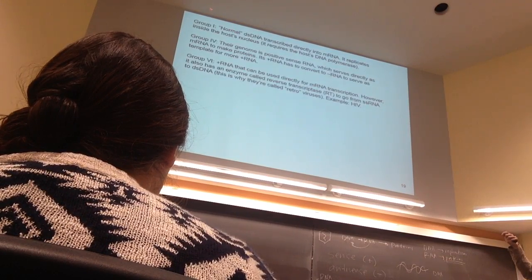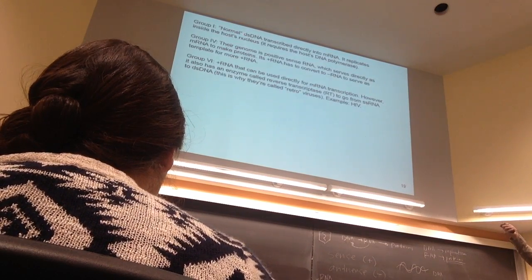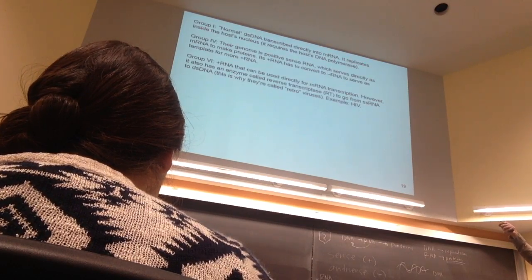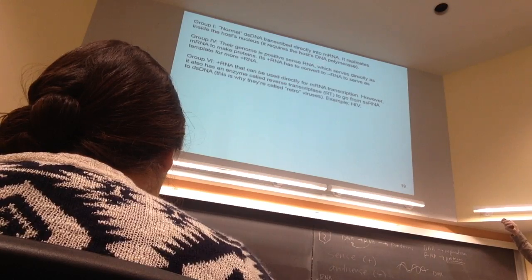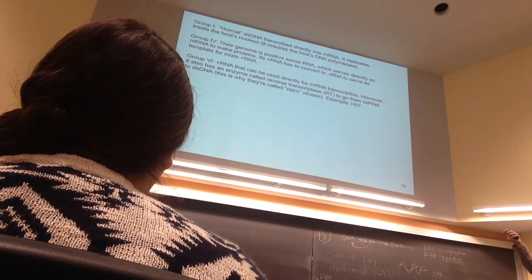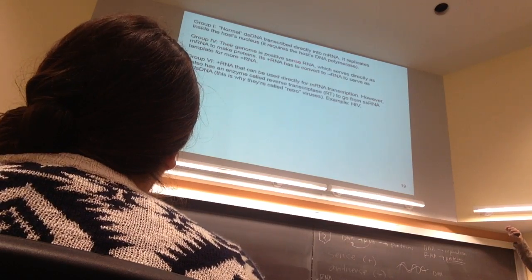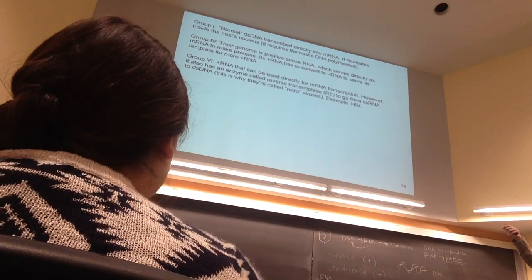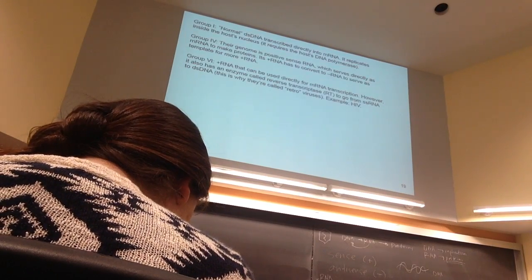Group 1 are the normal double-stranded DNA viruses that are transcribed directly into mRNA and replicate inside the host nucleus using the host's DNA polymerases. In group number 4, the genome is positive sense RNA, and it can be used directly as a template to make proteins.